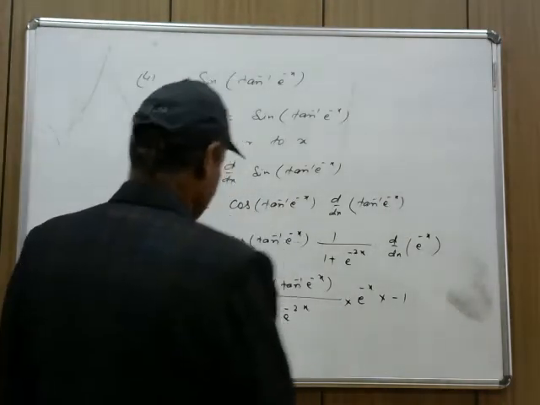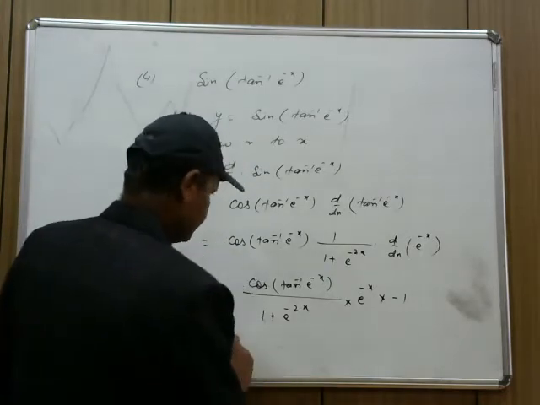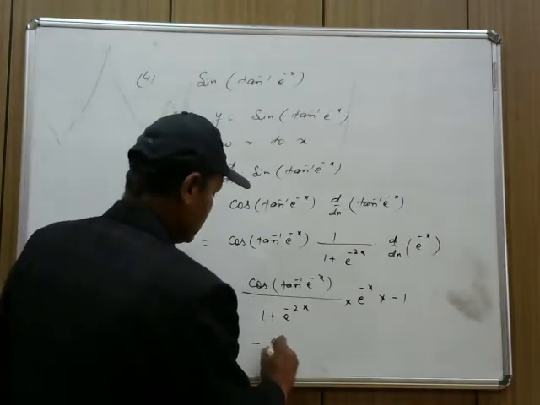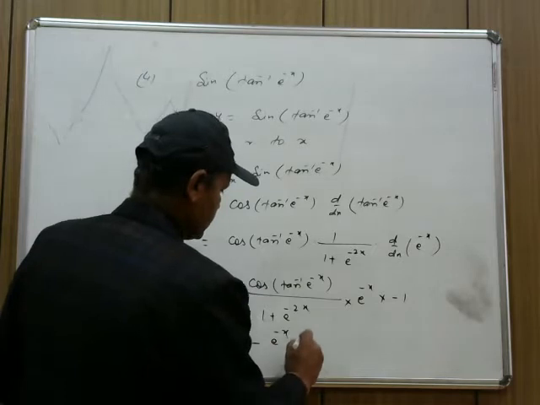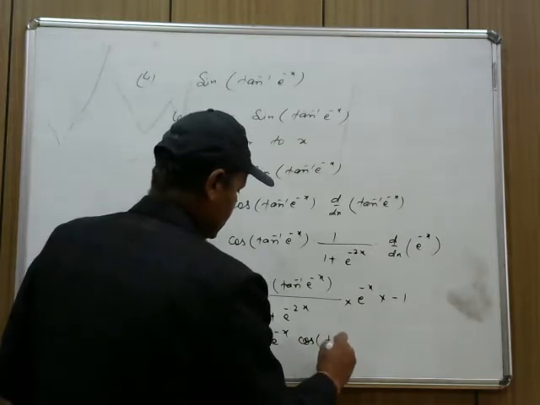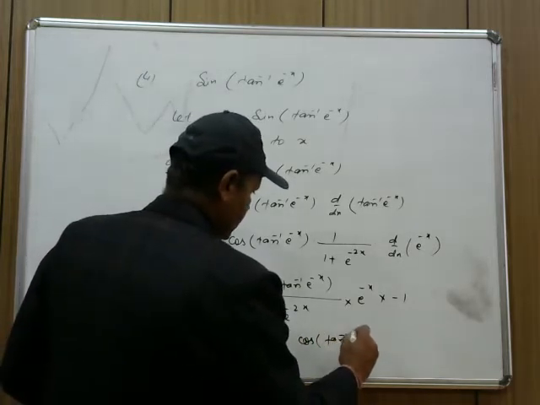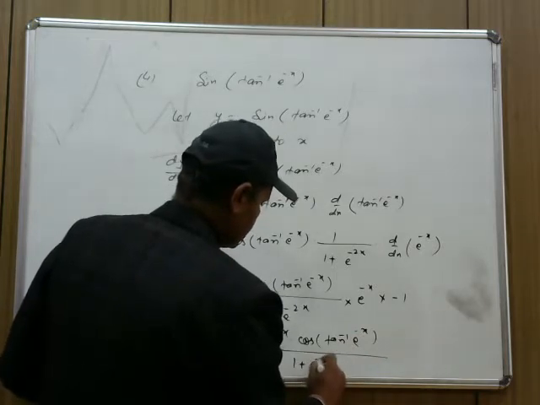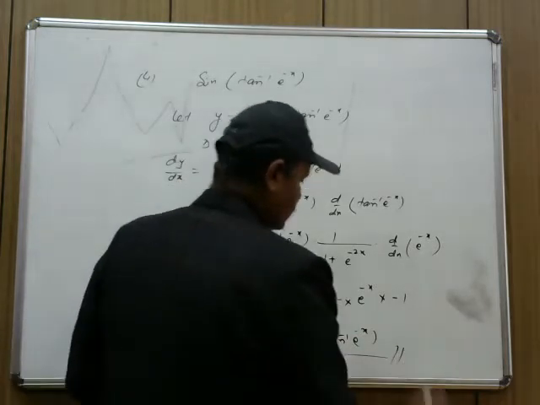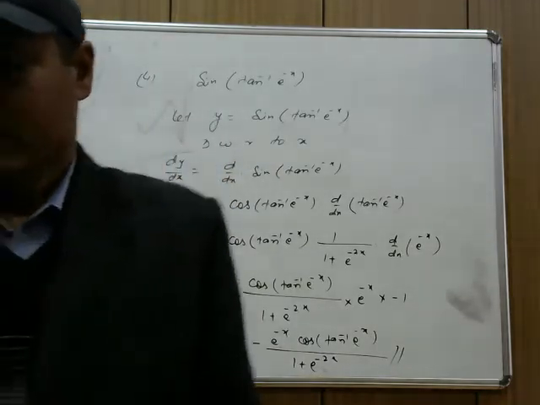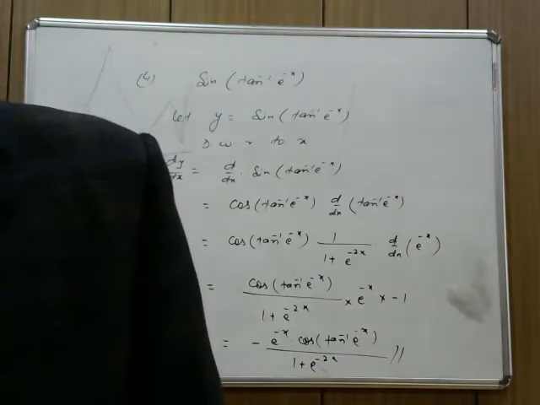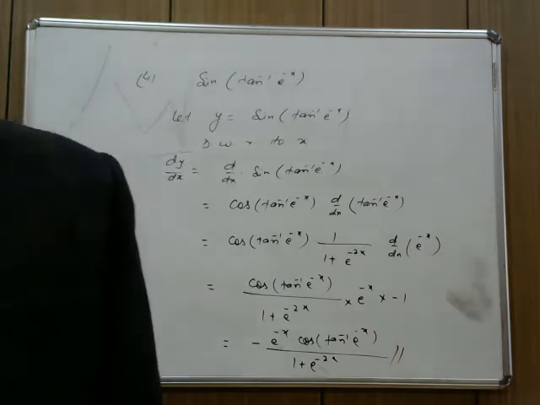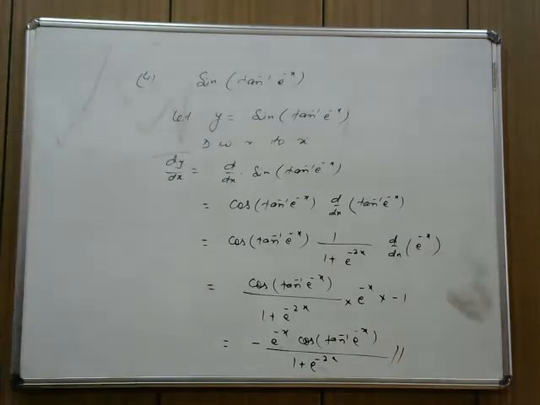That's why can I write now this whole answer as minus e to the power minus x into cos tan inverse e to the power minus x whole divided by 1 plus e to the power minus 2x. This was question number 4.